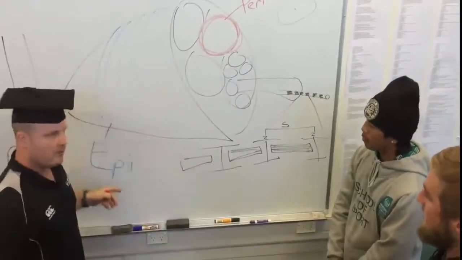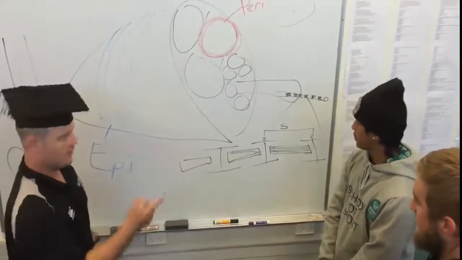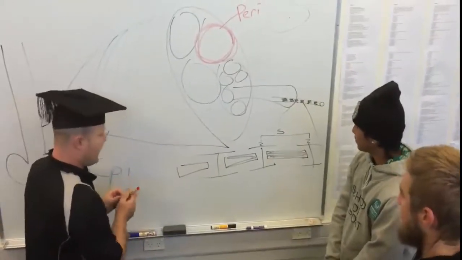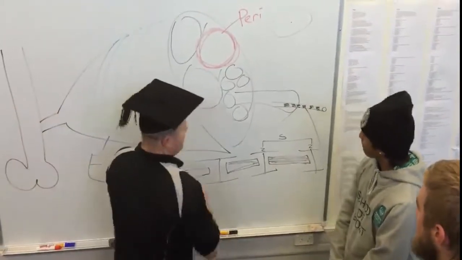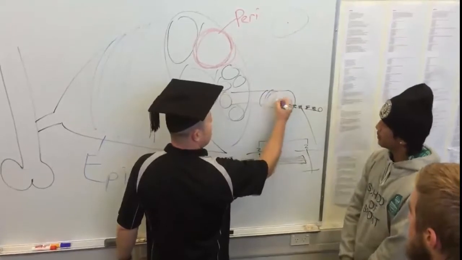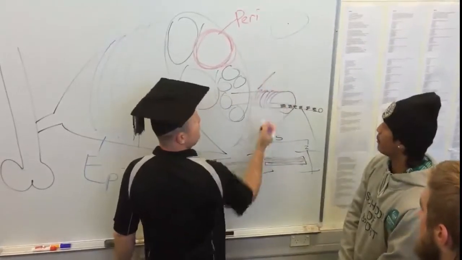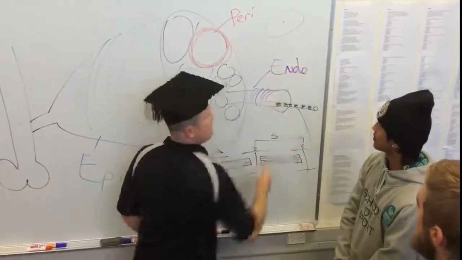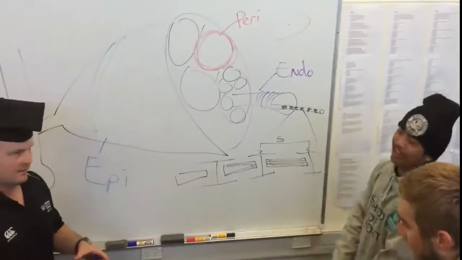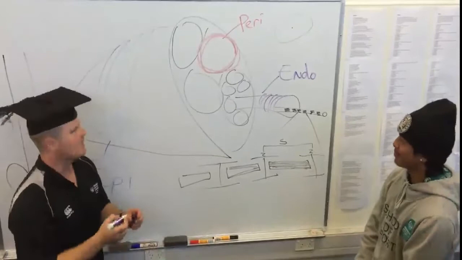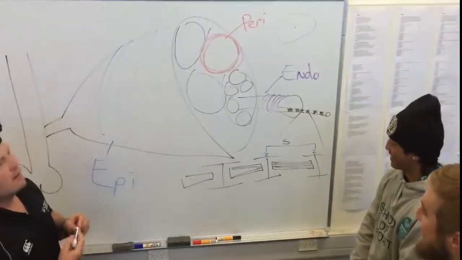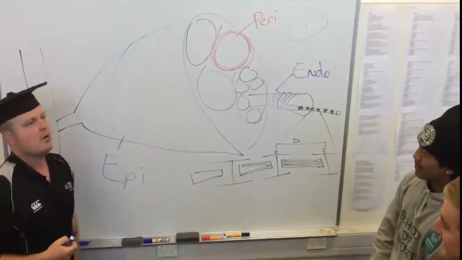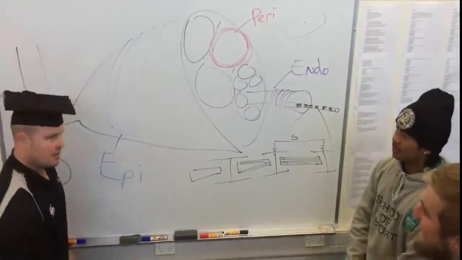Epimysium, above muscle. Nice. And then the glad wrap that goes around the muscle fiber is the endomysium. Gorgeous. Because endo means inside, deep within.